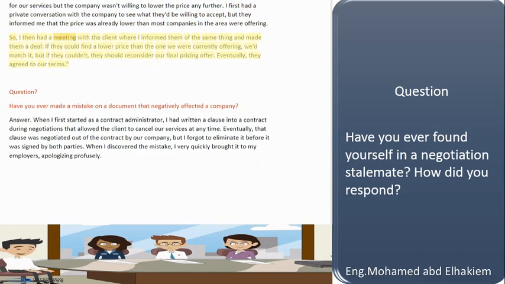So, I then had a meeting with the client where I informed them of the same thing and made them a deal. If they could find a lower price than the one we were currently offering, we'd match it, but if they couldn't, they should reconsider our final pricing offer. Eventually, they agreed to our terms.